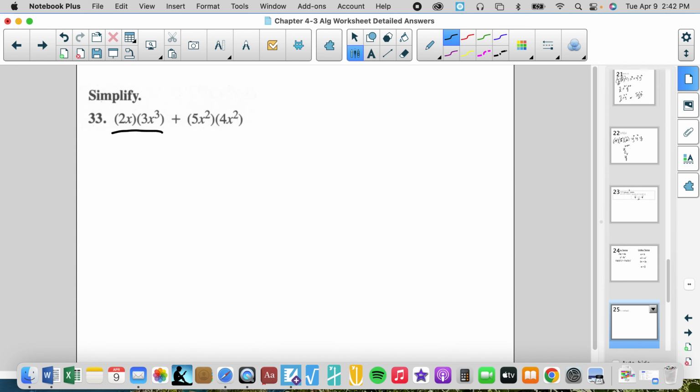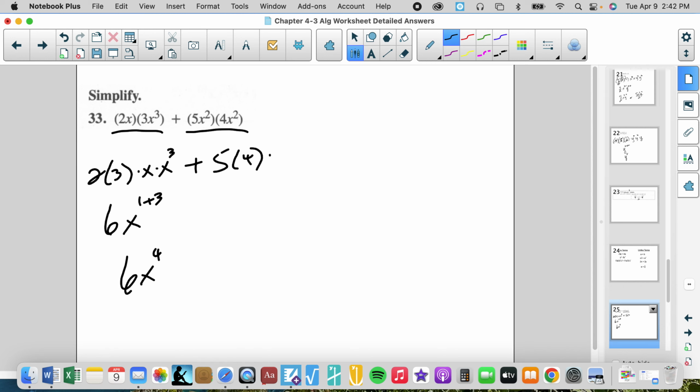So let's multiply this. We have 2 times 3 times x cubed, which is 6x to the 1 plus 3, or 6x to the 4th, plus, let's do this. This is going to be 5 times 4 times x squared, which gives us 20x to the 2 plus 2, or 20x to the 4th.